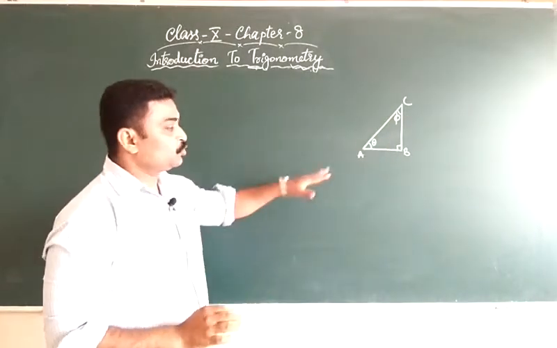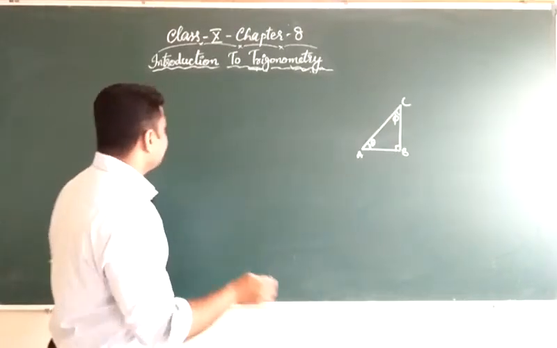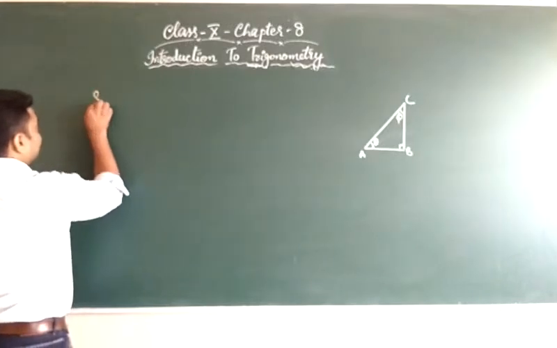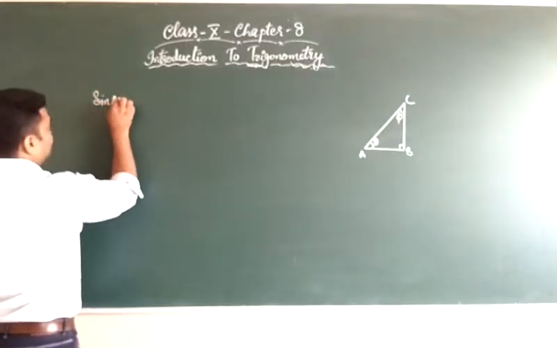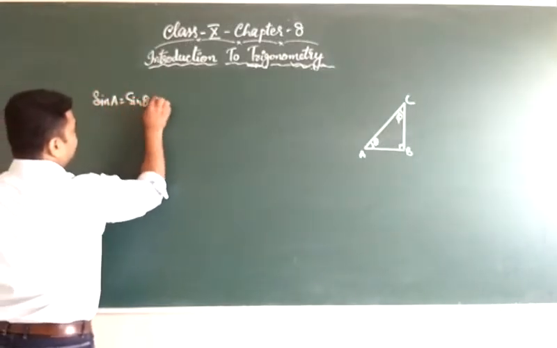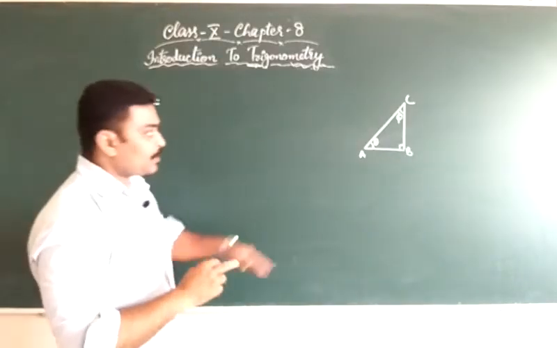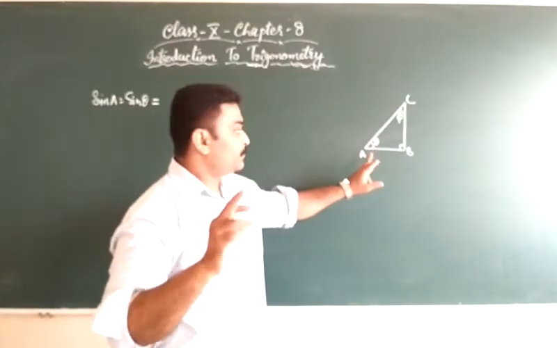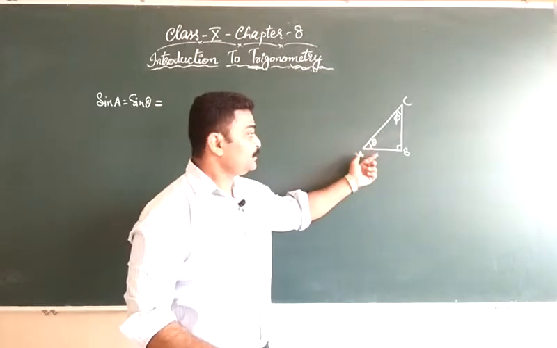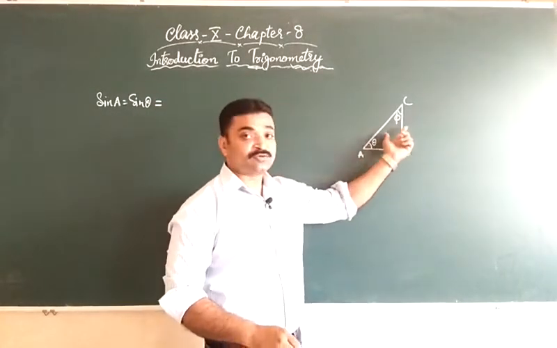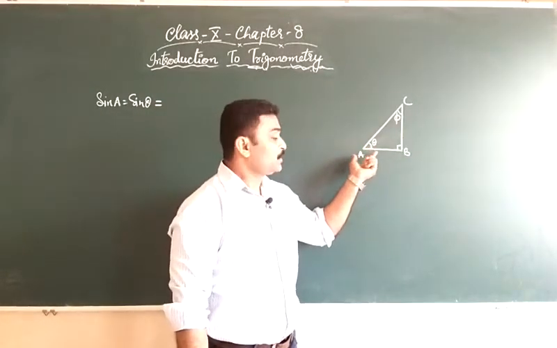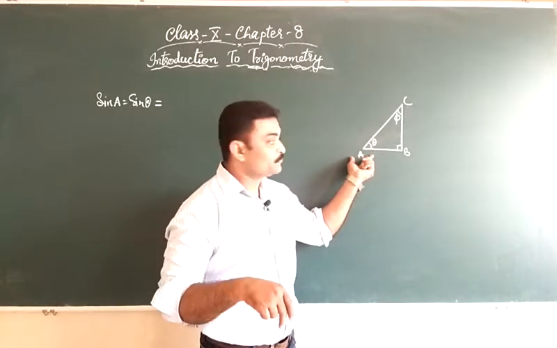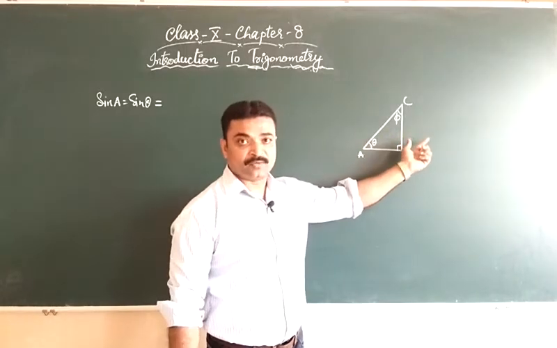A and C both are acute angles, and in the previous video we have learned that sine A or sine theta is equal to, the side which is opposite to the angle which we are concerned with is the perpendicular.